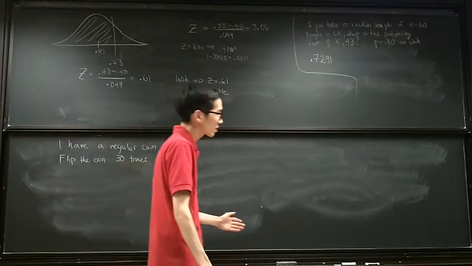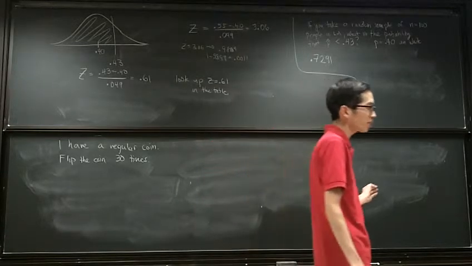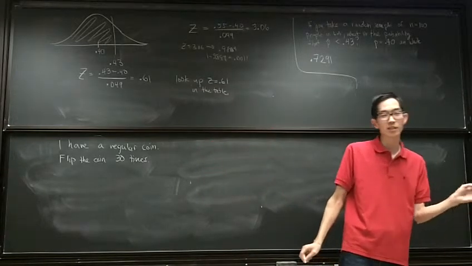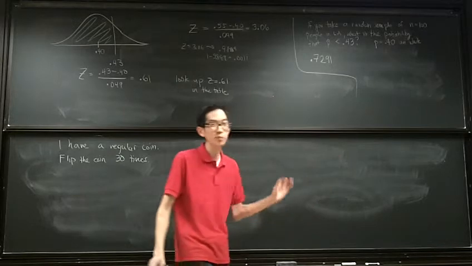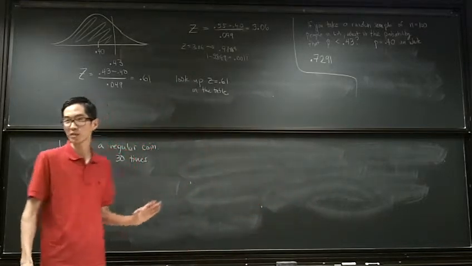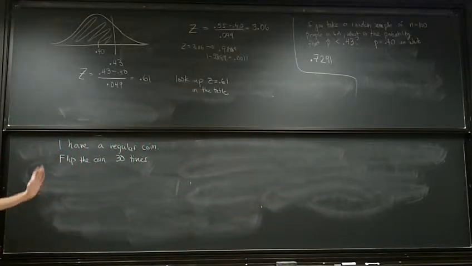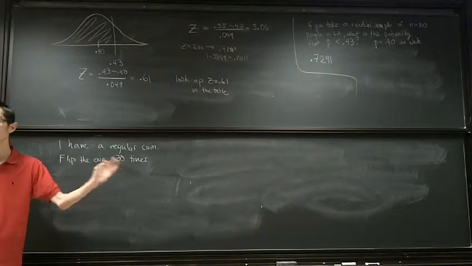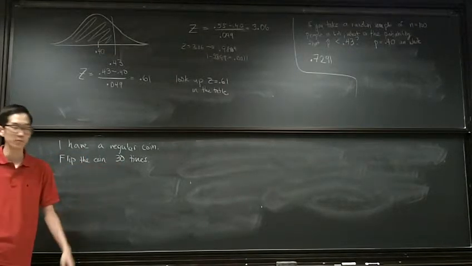If you get 20 heads or more, you win the game. You flip the coin 30 times. If you get 20 heads or more, you win the game.